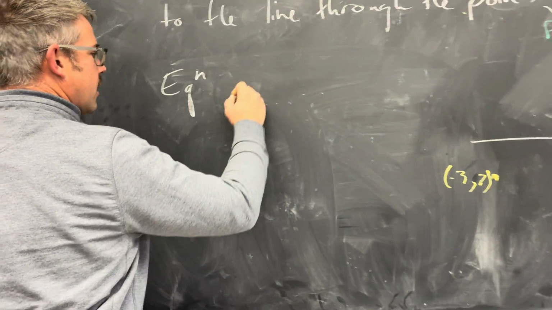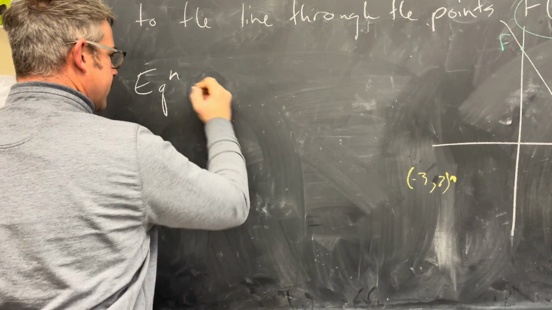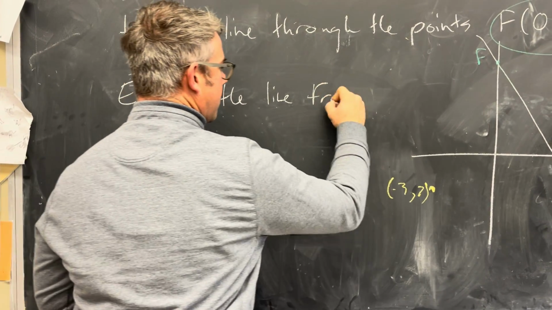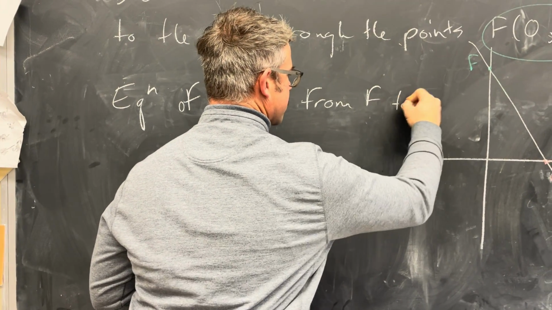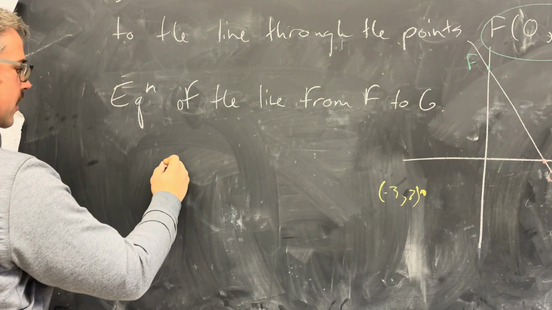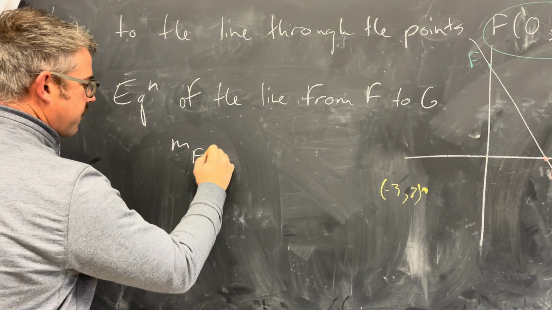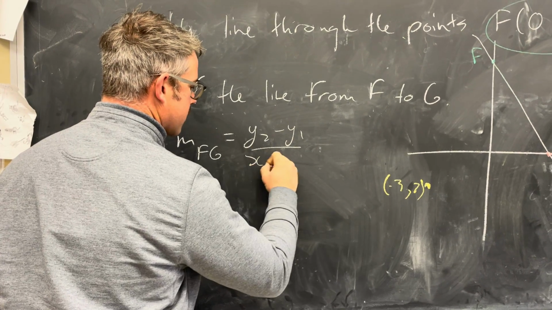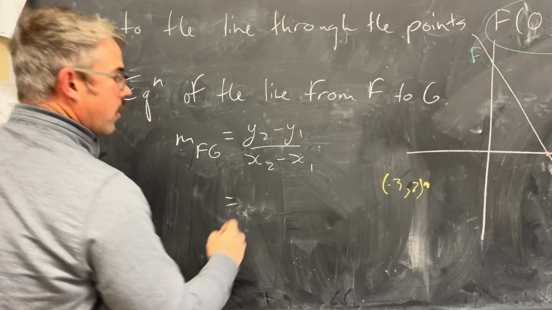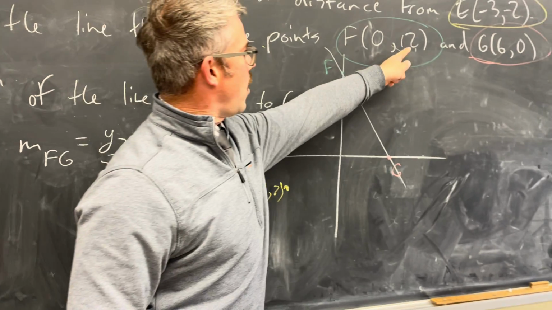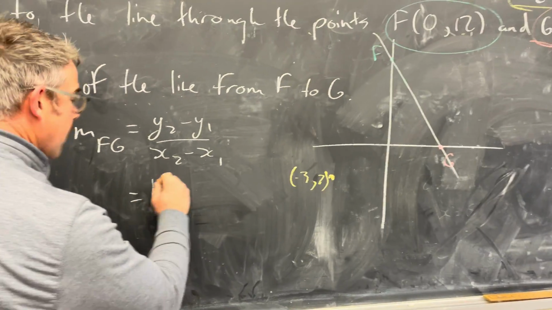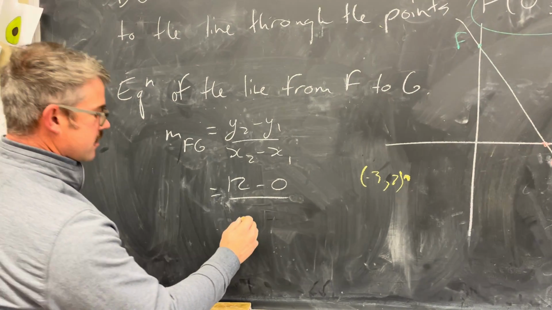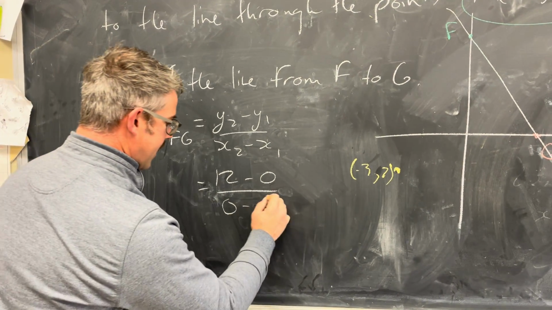So the equation of the line from F to G. First, whenever we need the equation of a line, we need its slope. So let's find the slope from F to G using y2 minus y1 over x2 minus x1. So looking at our points, we're going to have y2 being 12 and y1 being 0, and we're going to have x2 being 0 and x1 being 6.